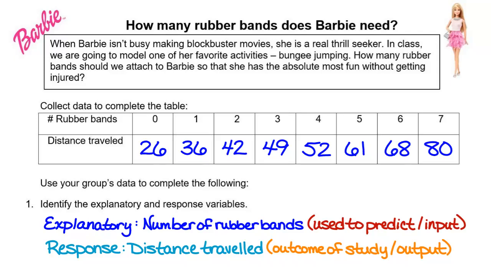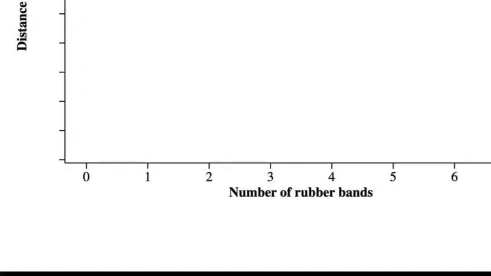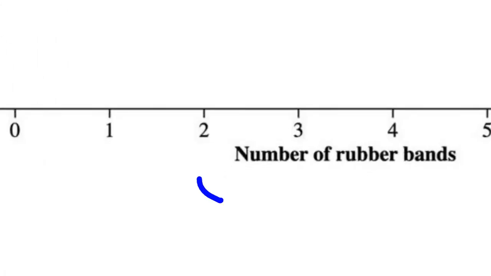All right, next thing we want to do is take our individual data, so what you collected with your group, and we're going to make a scatter plot of this. So what are we going to graph along the x-axis? Number of rubber bands. And we said that that was which variable? That's our explanatory variable.